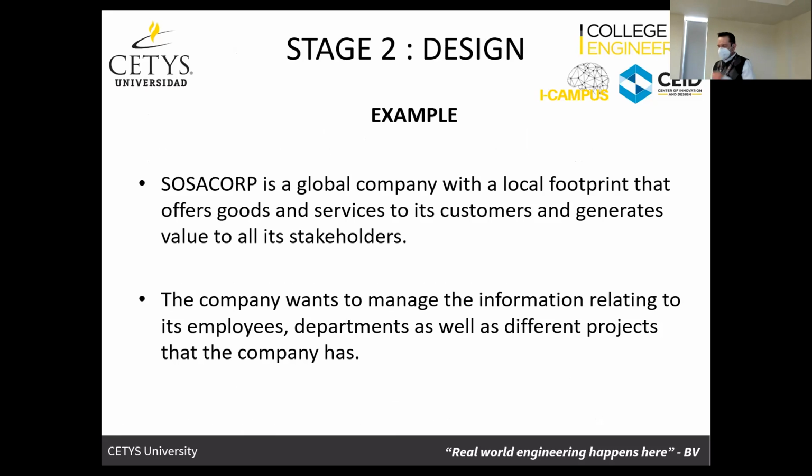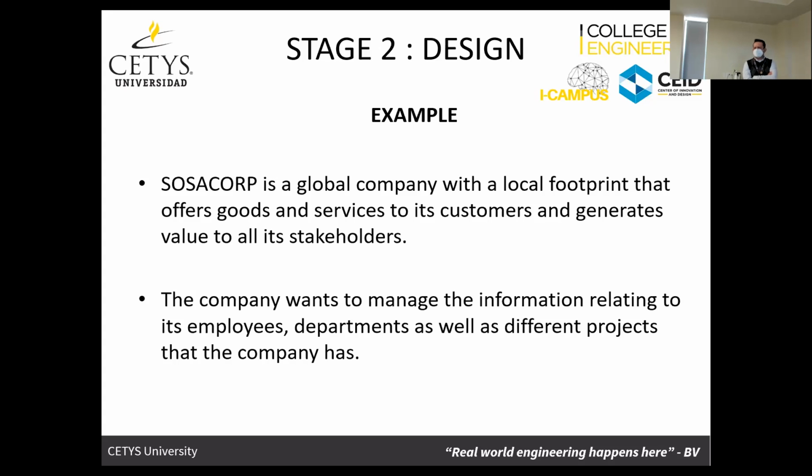With more or less words, a bit more descriptive than this. This might be an example of what you could put with more explanation in page 1 of the deliverable for stage 0. So we're going to look at an example.